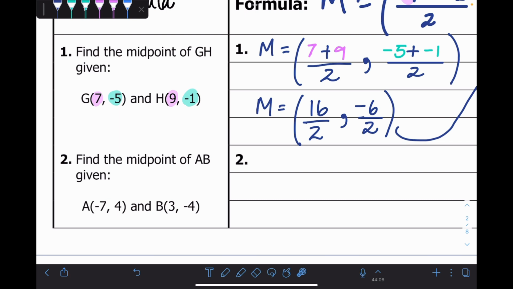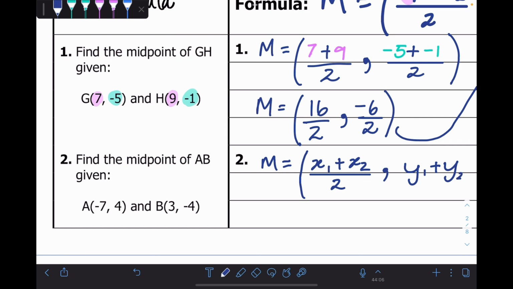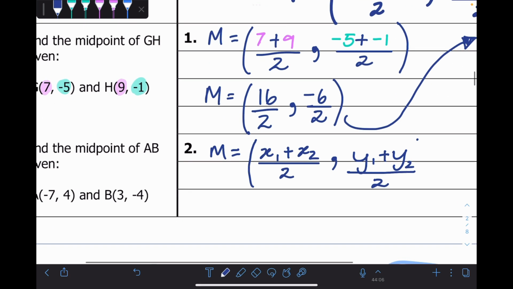Let's write down the formula, because otherwise I'm going to forget the order of everything, which I have done in the past. So x1 plus x2, then y1 plus y2, average. There.